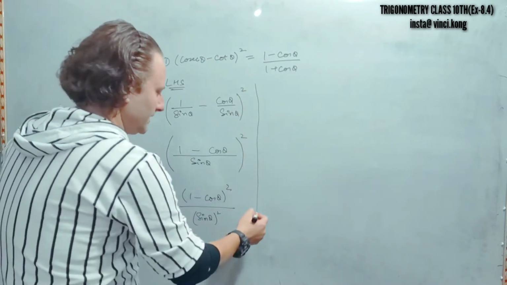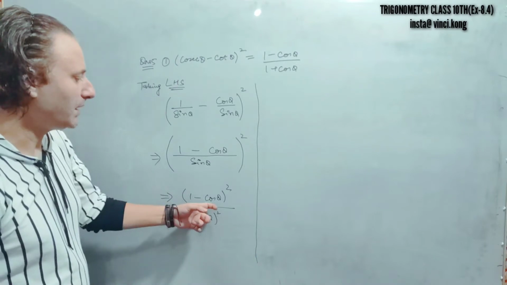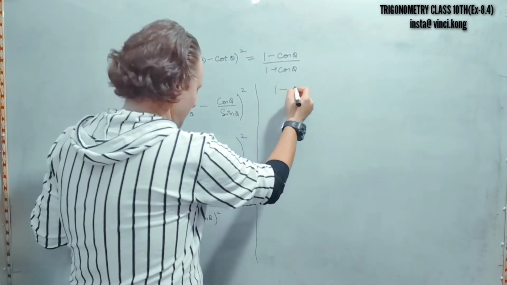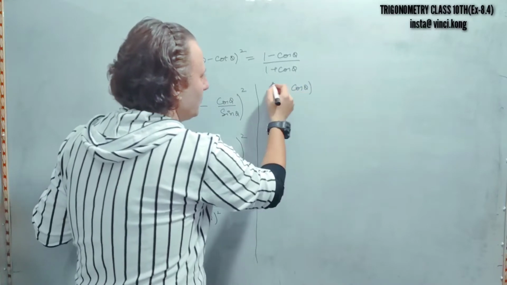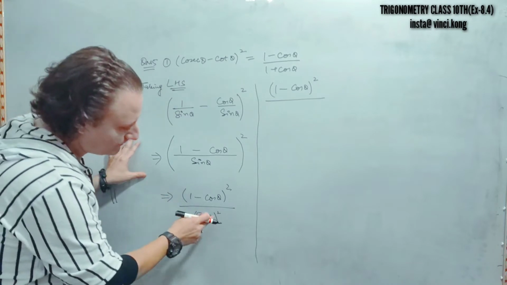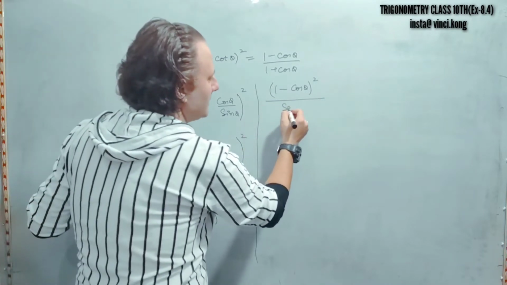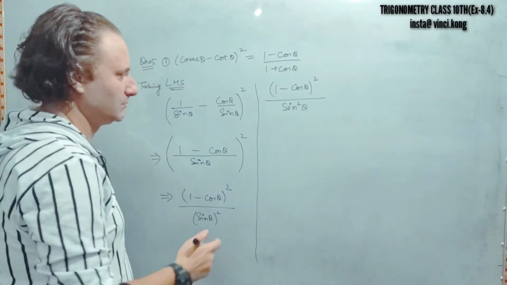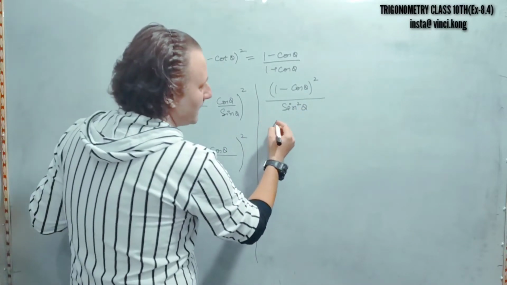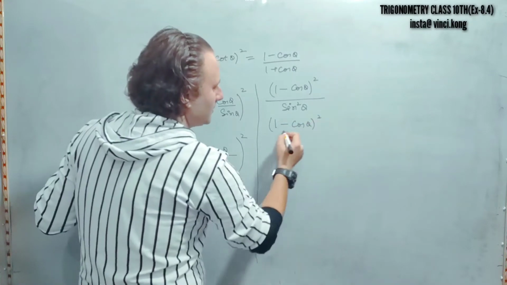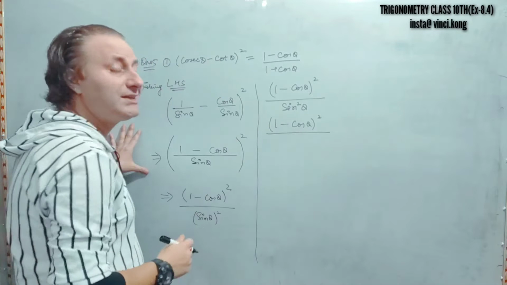So now let's move to the next one. This is 1 minus cos theta. I'll write it one more time: (1 minus cos theta) whole square. Here I have sine theta square, which I can write as sine square theta. No problems. Now I'll write this one more time: (1 minus cos theta) whole square, divided by sine square theta.